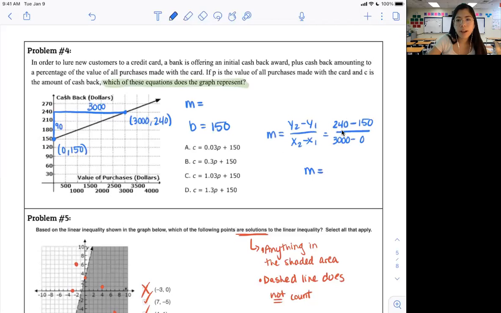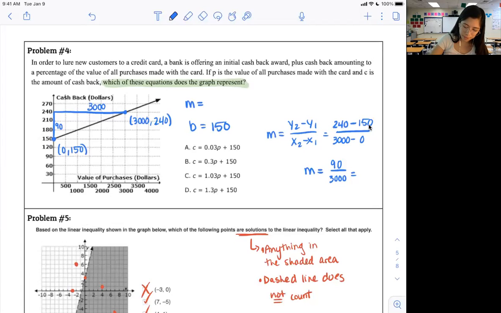Continuing with the formula, I get 240 minus 150, that's going to be 90. 3,000 minus 0, that's 3,000. And then when I use my calculator, what do I get? 0.03.